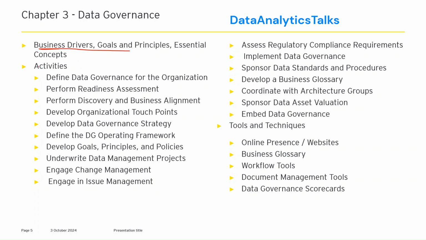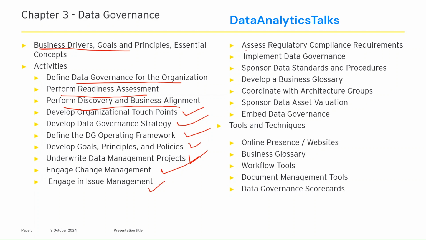Then it deals in detail with the activities: define data governance for the organization, perform readiness assessment, perform discovery and business alignment, develop organizational touch points, develop data governance strategy, define the data governance operating framework, then develop goals, principles and policies, underwrite data management projects, engage change management, engage in issue management.